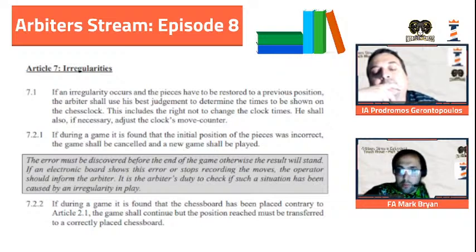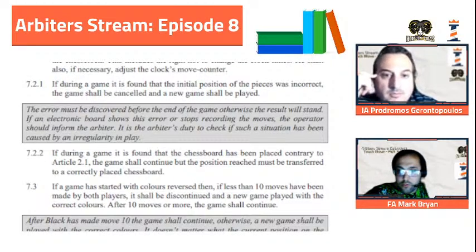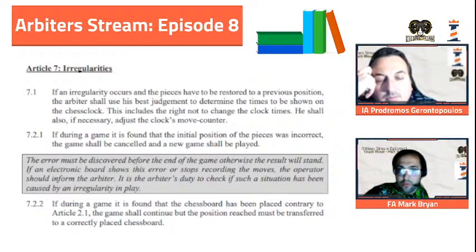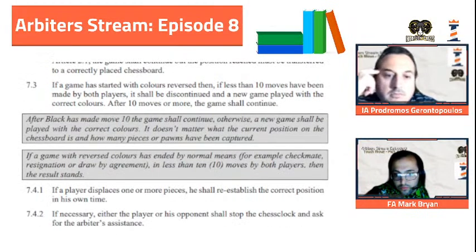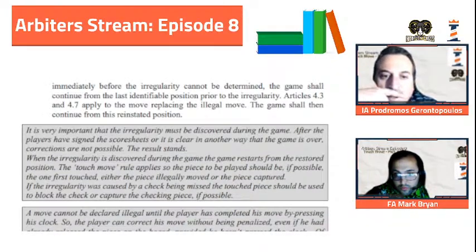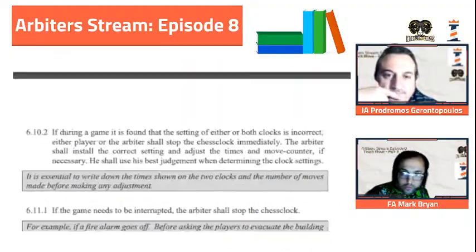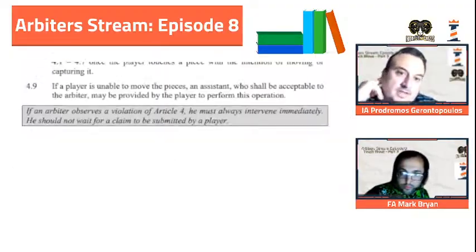Where is 7.4? No 7.4, the fourth. I know, but there's no 7.4. Isn't there? Shouldn't there be 7.4? This is Article 4, the one you said you were looking for.